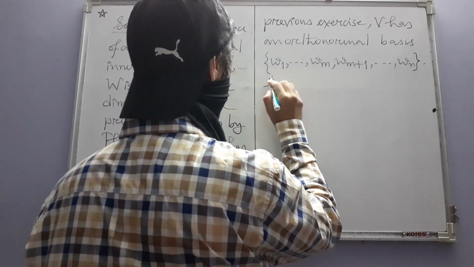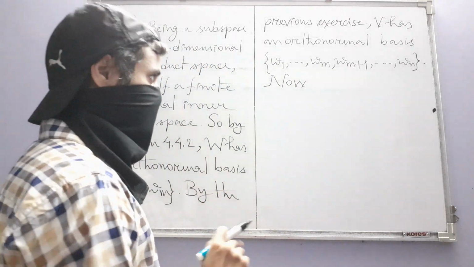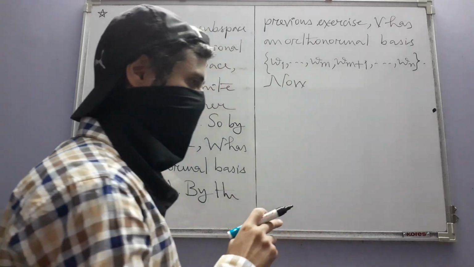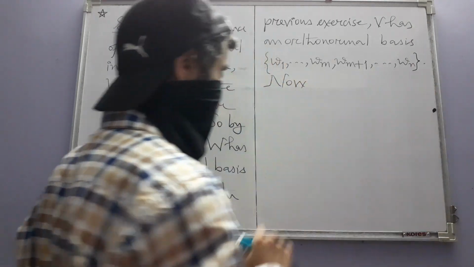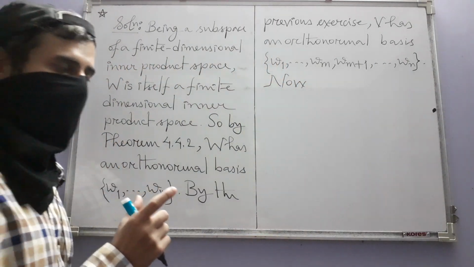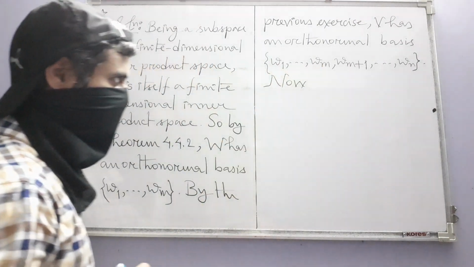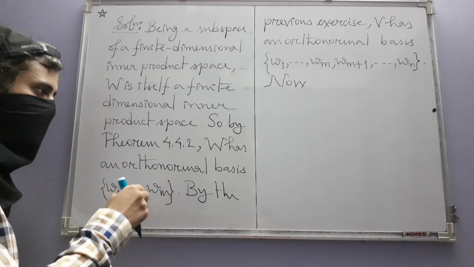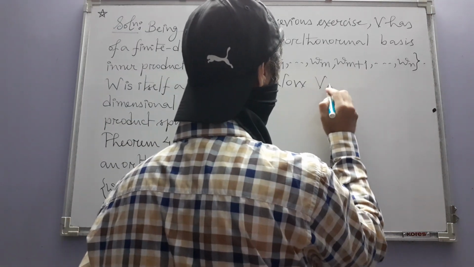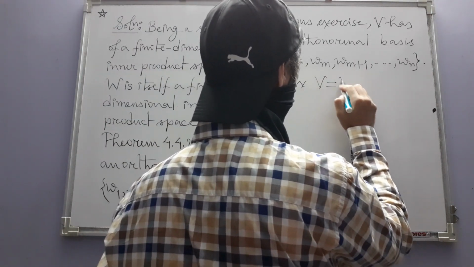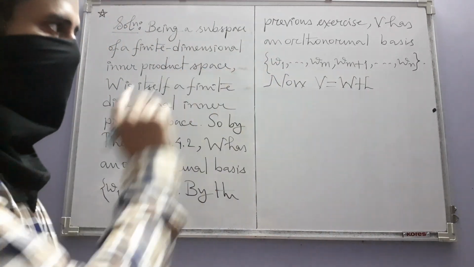Alright, now you watch this. You see, because every vector in V, in our capital V, is a linear combination of these vectors, one part of that linear combination is a linear combination of this first m vectors, and they form a basis for W. Okay, so that means V is a sum of W and the linear span of the remaining vectors.